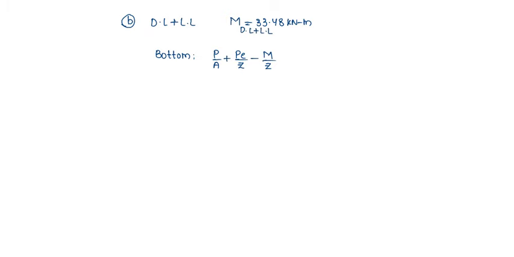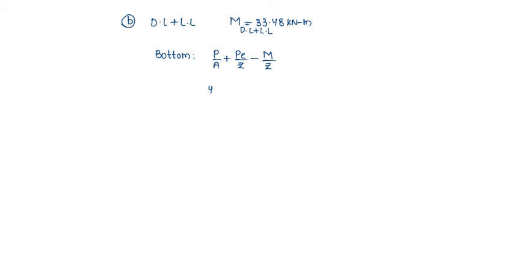Whereas in the other case, when dead load and live load are acting, the moment is 33.48 kilonewton meter. So stress at bottom will be, due to pre-stressing force, P by A plus PE by Z due to eccentricity minus M by Z, where M is here due to dead load plus live load.